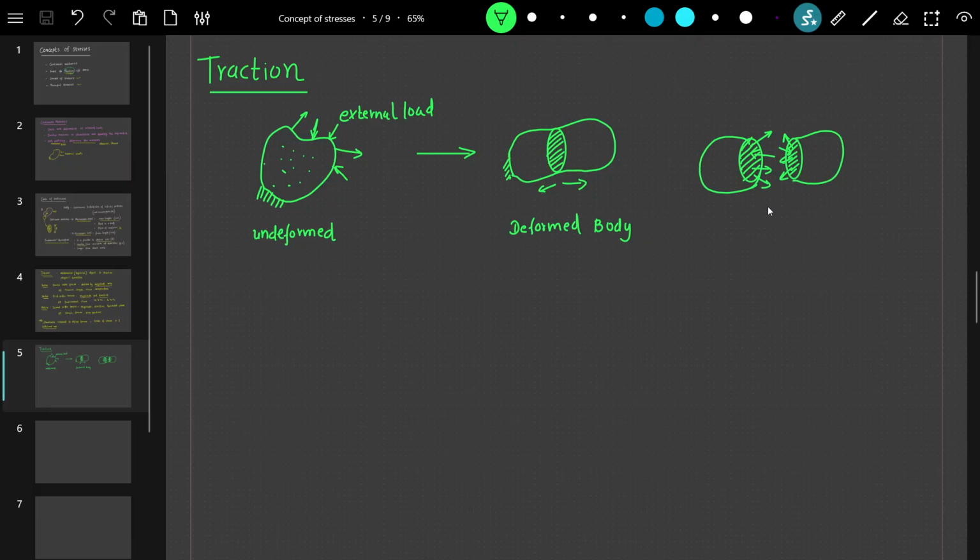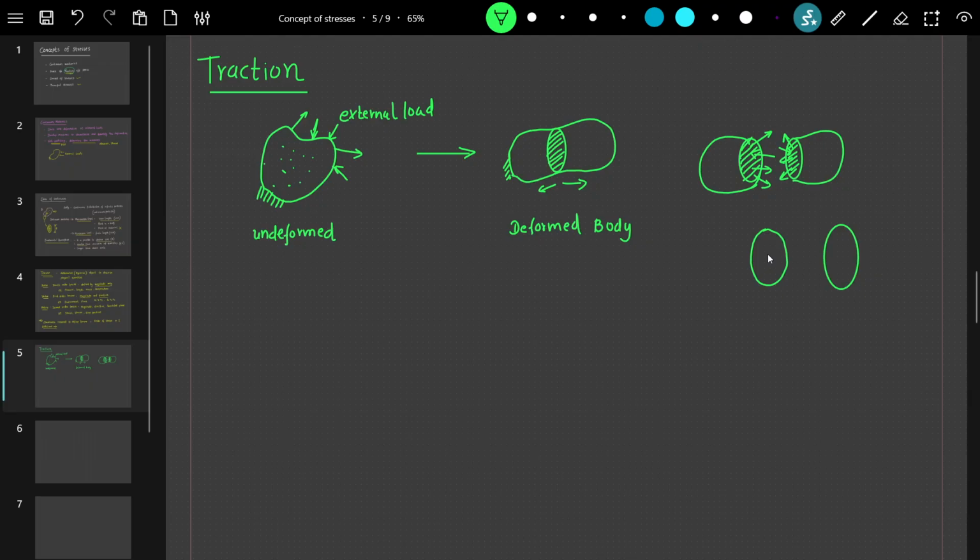The corresponding points on the left and right hand side will have equal and opposite internal forces. So if I want to explain that, let's take the left hand side surface and the right hand side surface.